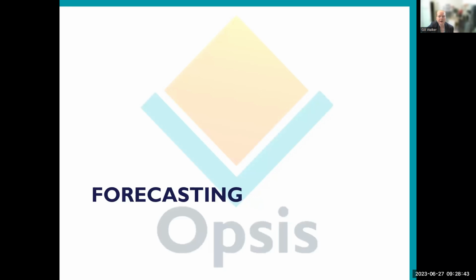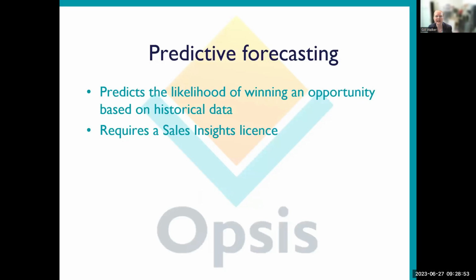We're now moving on to forecasting, which is taking targets to the next level. And specifically, I want to look at predictive forecasting, which again is an AI functionality. You need to have the sales insight license, but once you've got that, it will predict the likelihood of winning a particular opportunity based on similar historical data.